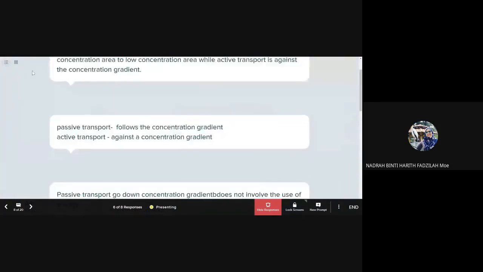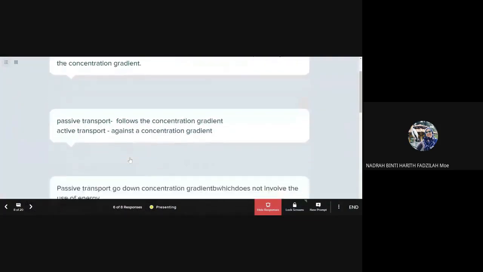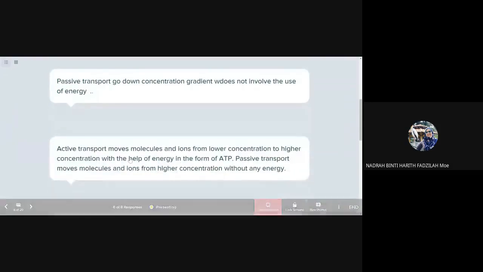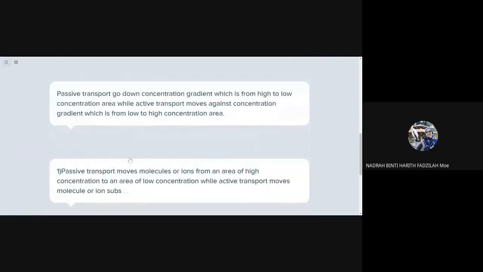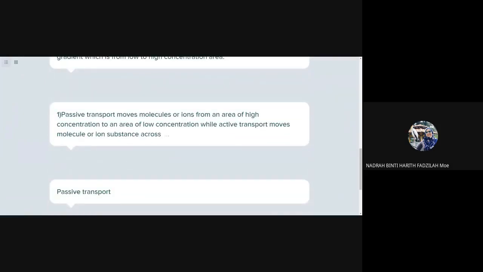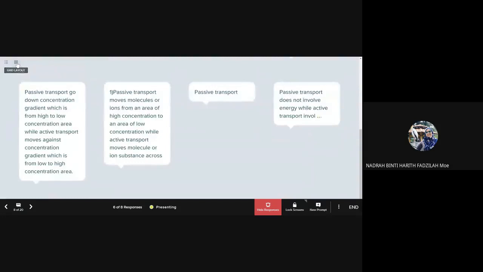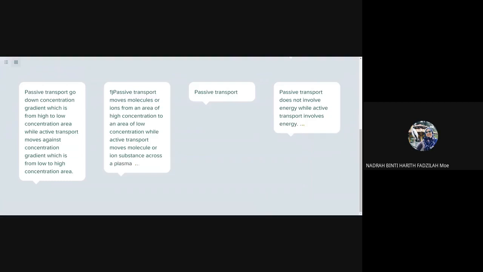Let's take a look at your answers. Okay, good. For the first level, most of you are answering in these two forms. Menjawab dalam dua bentuk ini. Either you say for passive transport, the direction of transport is from high concentration to low concentration area, or the transport of substances in passive transport follows concentration gradient.